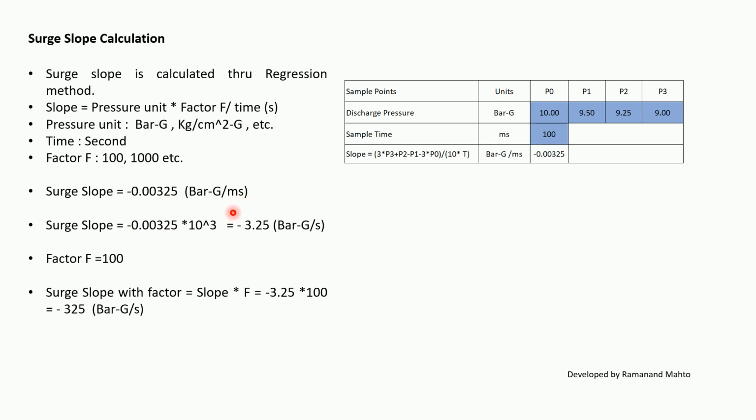To convert to bar gauge per second, you have to multiply by 1000. So surge slope is equal to minus 0.00325 × 10^3, which is equal to minus 3.25 bar gauge per second. Now the factor is 100. So surge slope with factor will be slope × F, which is minus 3.25 × 100, which comes to minus 325 bar gauge per second.